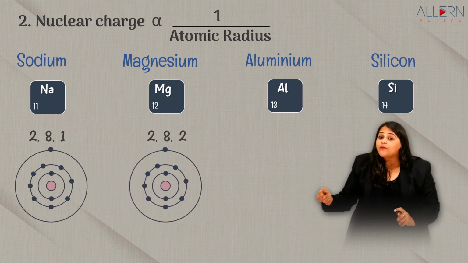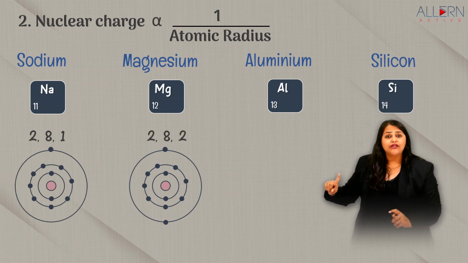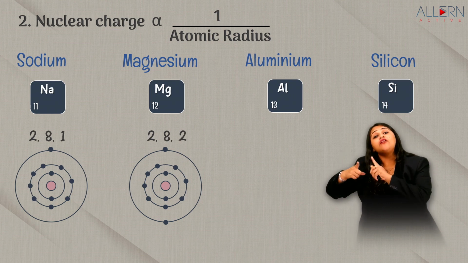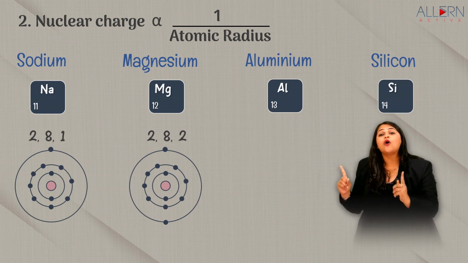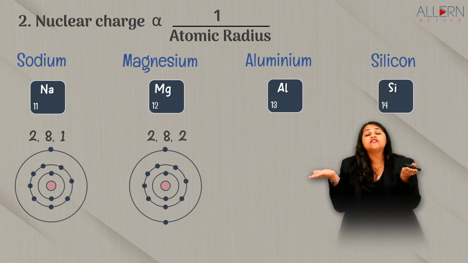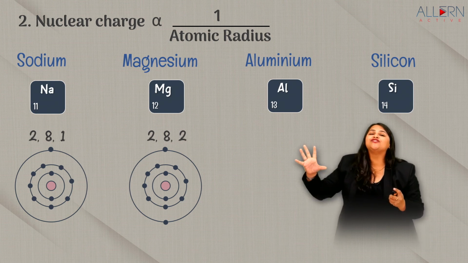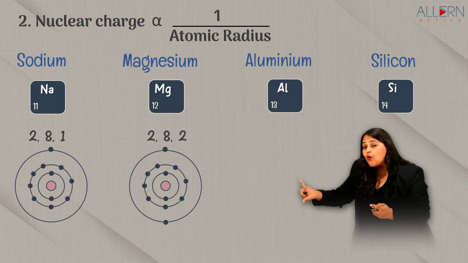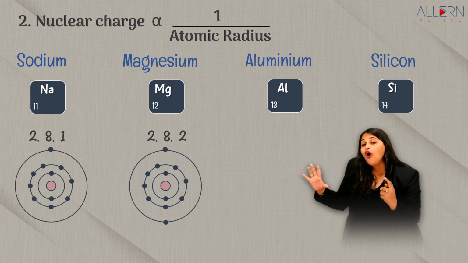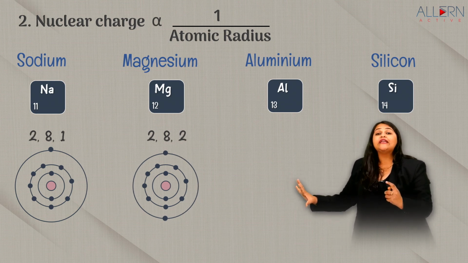There is going to be an increase in the number of electrons. And we know that the number of electrons will always be equivalent to the number of protons. So when the electrons increase, the protons will also increase, and then there is going to be an increased attraction between the both. So the size, that is the shells, will come a little closer to the nucleus.